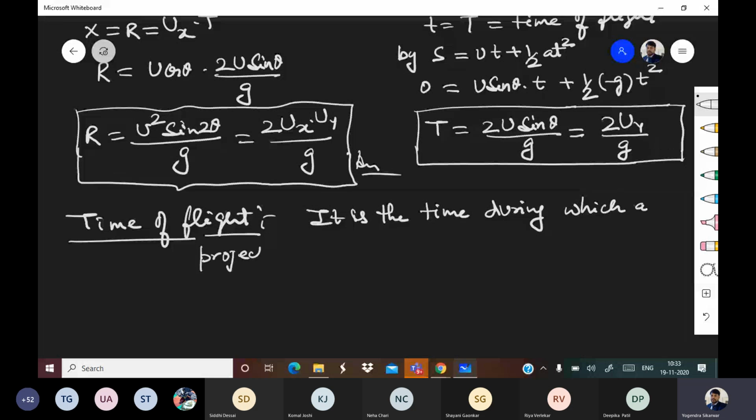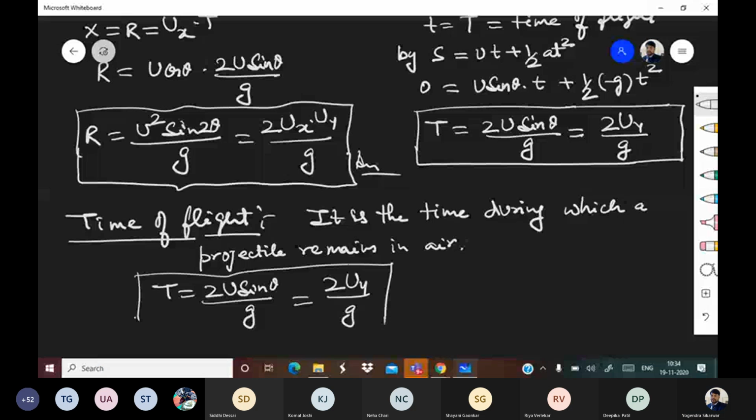And what is the value of t? It is 2u sine theta by g, which is also equal to 2uy by g.